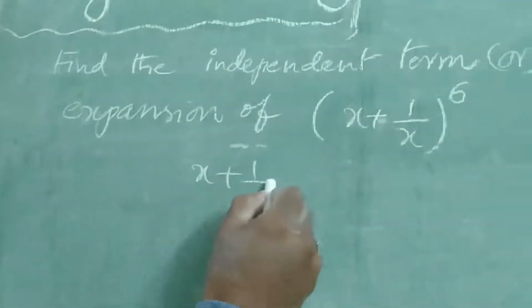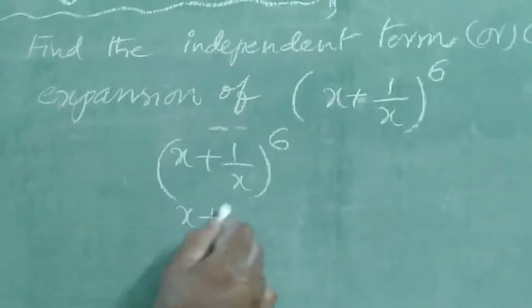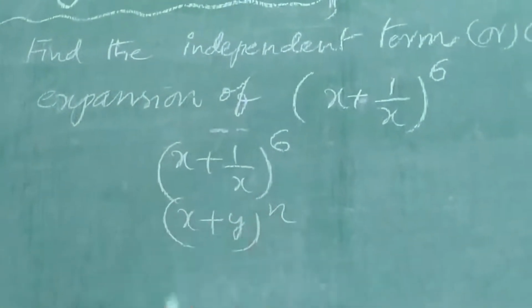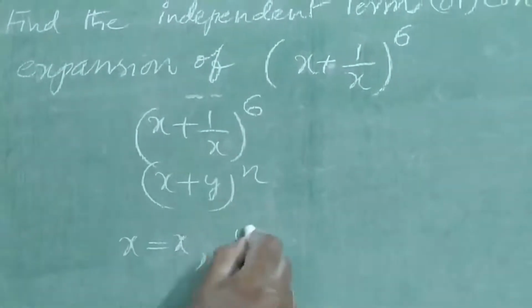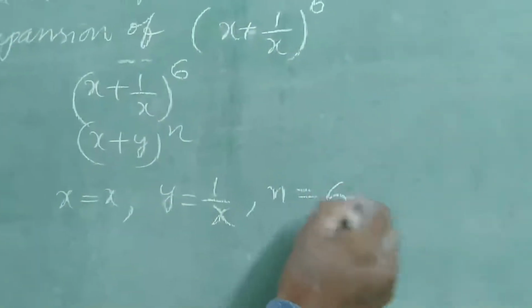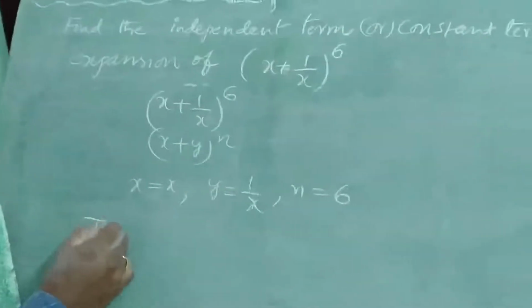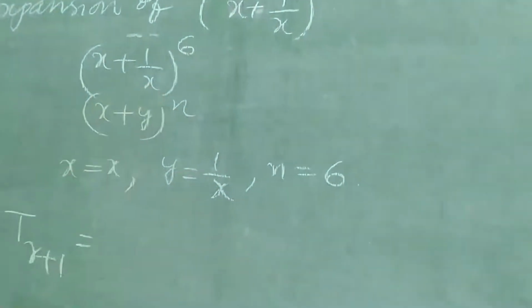First compare x plus 1 by x whole to the power of 6 with x plus y whole to the power of n. So here x is equal to x, y is equal to 1 by x, and n is equal to 6. Now what is the r plus 1 term or general term in the expansion of x plus y whole to the power of n?